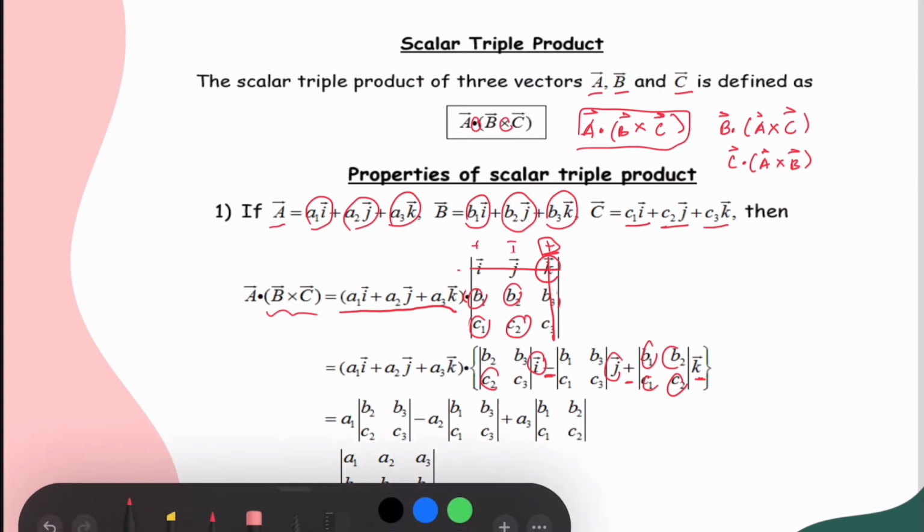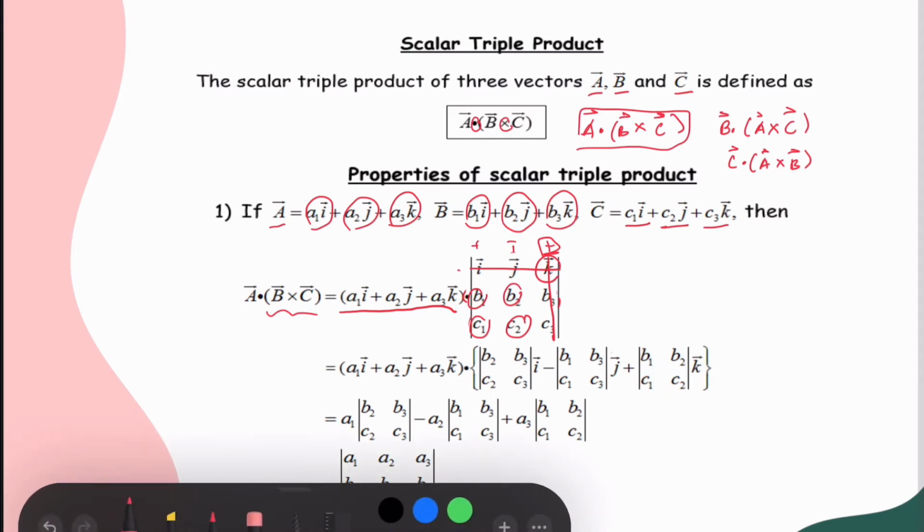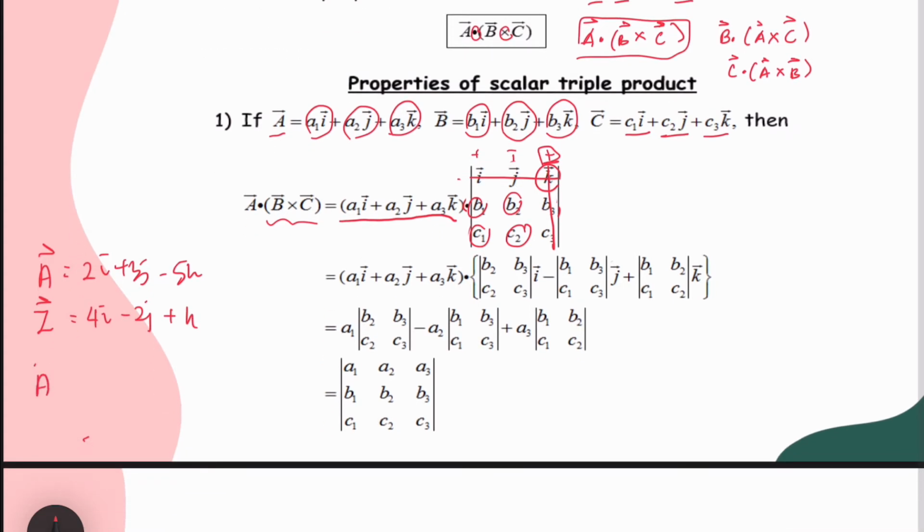So when you find the cross product, then when you want to do a dot product, let's say before this we have, for example, a vector A equal to 2I plus 3J minus 5K, and vector Z, for example, equal to 4I minus 2J plus K. So how do you do a dot product between A and Z?